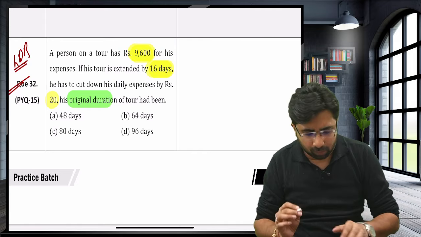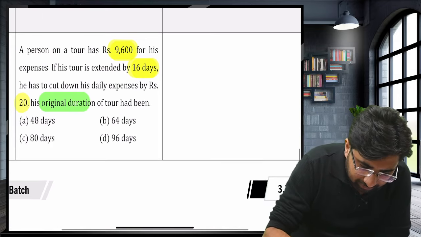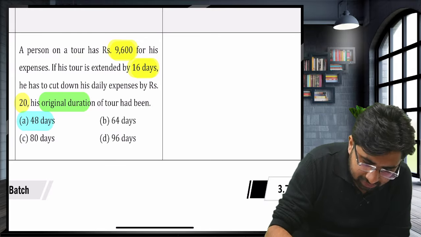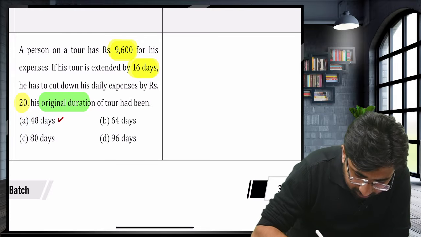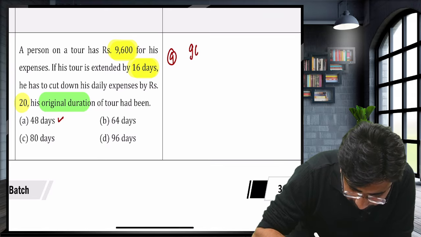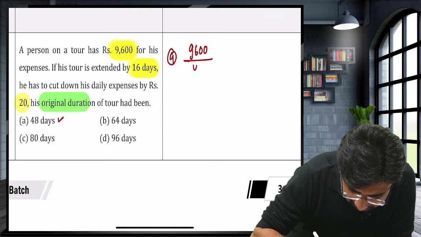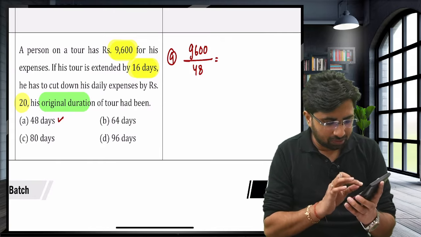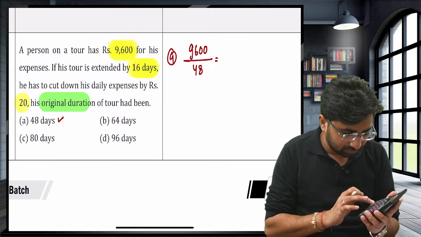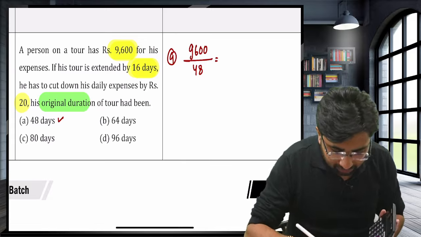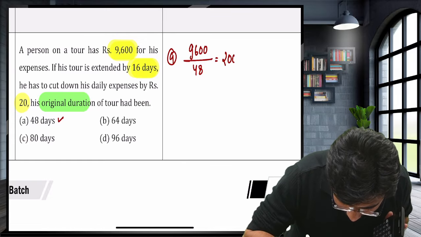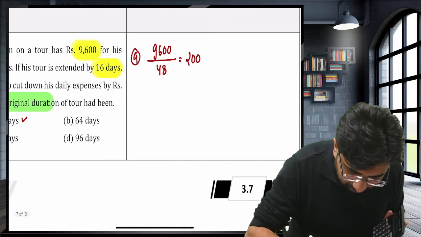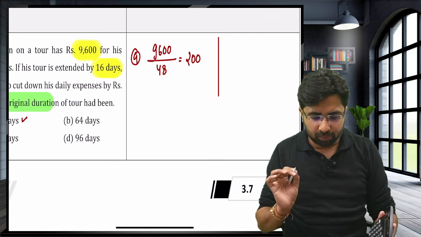Let us go from option to question. Let's check for option A. I am saying if the original duration was 48 days, what was the per day expense? 9600 divided by 48, he was having 200 rupees per day cost.